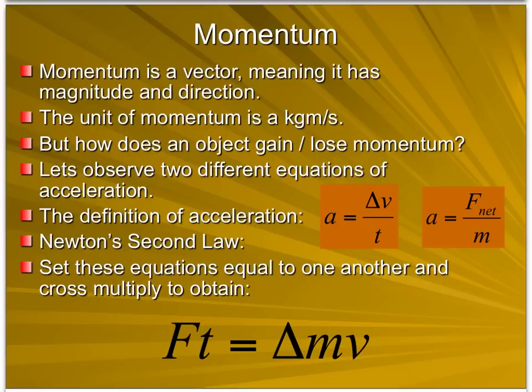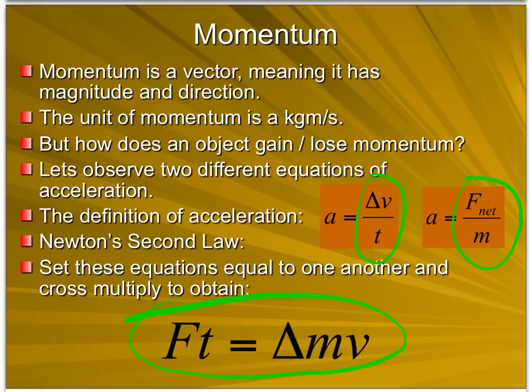So if I take delta v over t and set that equal to F net over m and do a little bit of rearranging, I get Ft equals delta mv. Okay? So some force applied over a unit of time is going to cause an object to change momentum.